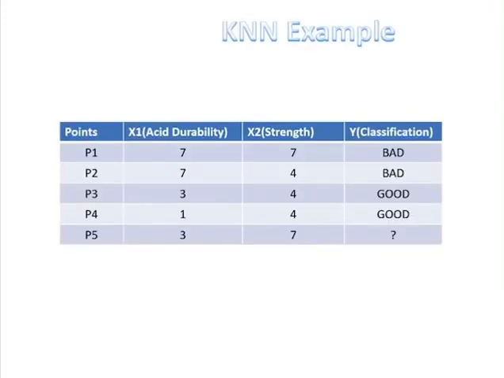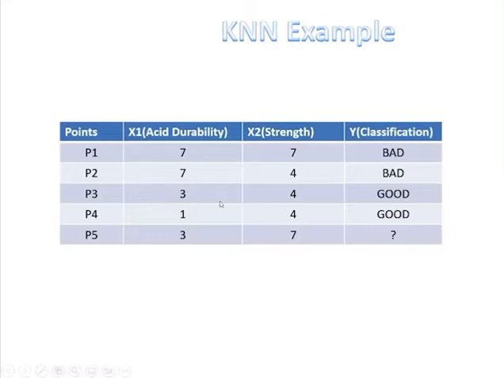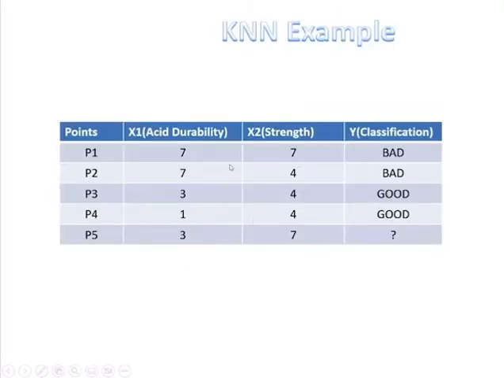So what we have is a scatter plot of strength against acidic durability. We have a diagrammatic plotting of this against this, and we plotted all of this, including the one whose label we don't know.